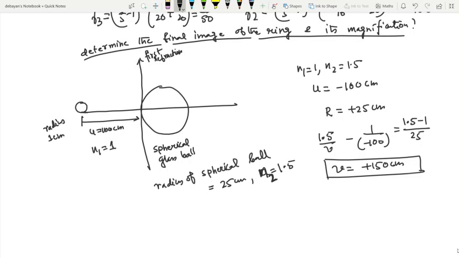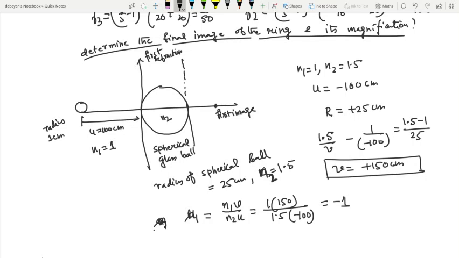Now you have to consider the refraction at the second surface. That means for that particular surface, the object distance will be 150 minus 50.